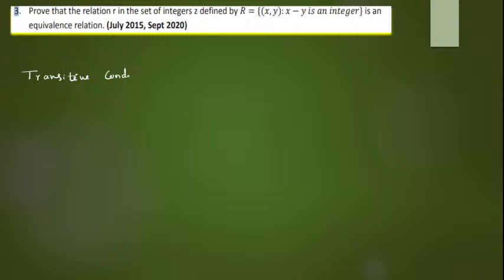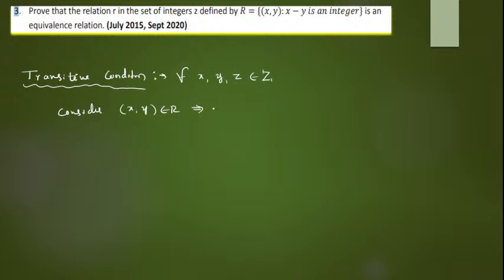Transitive condition. So to check the transitive condition here, you have to check three integers, that is for all x, y and one more integer we will take z. Small z belongs to the set of integers Z. Consider an ordered pair x comma y belongs to R. This implies according to the statement x minus y is an integer.